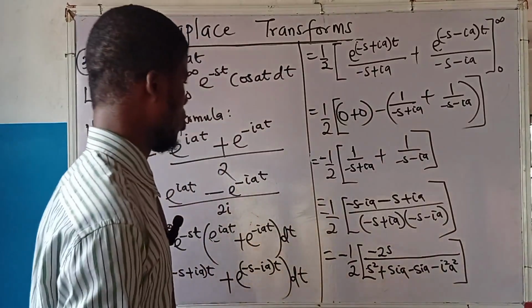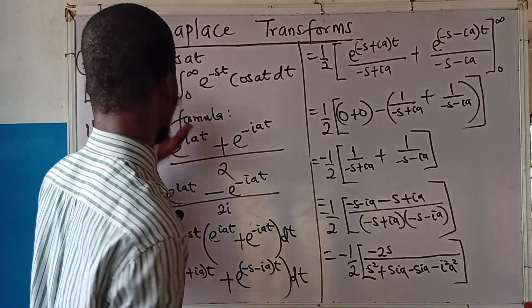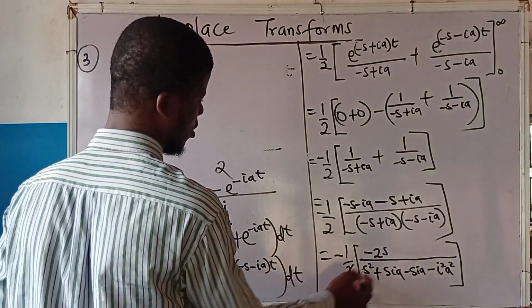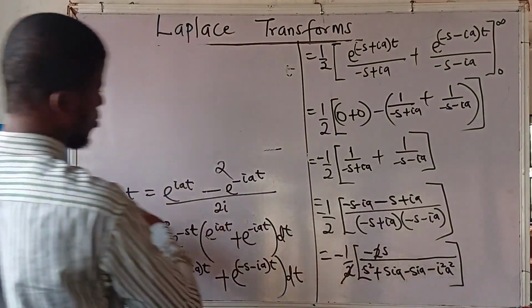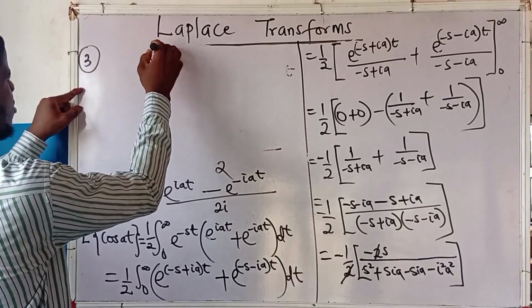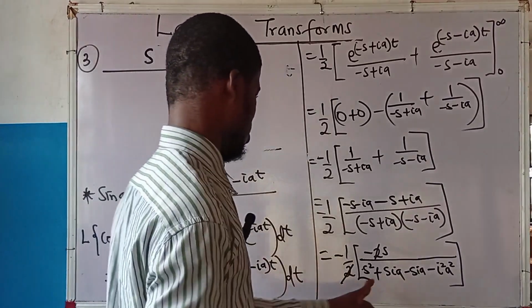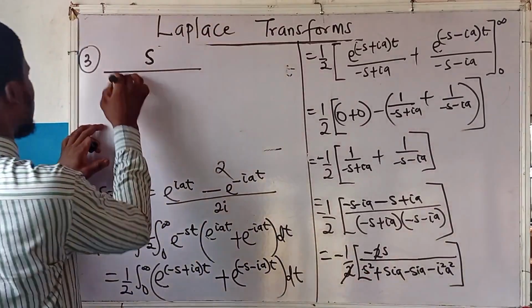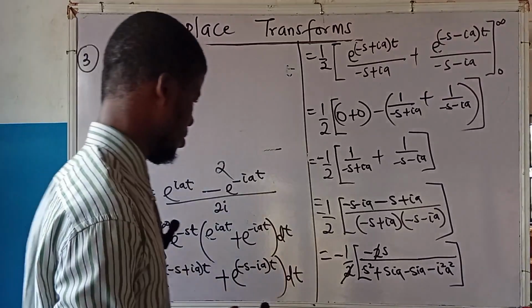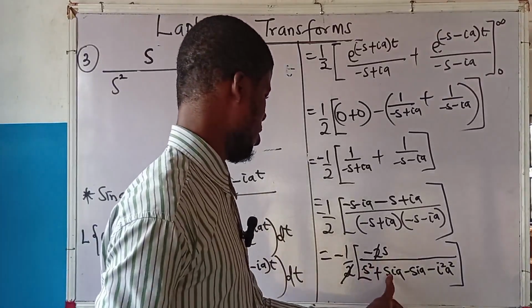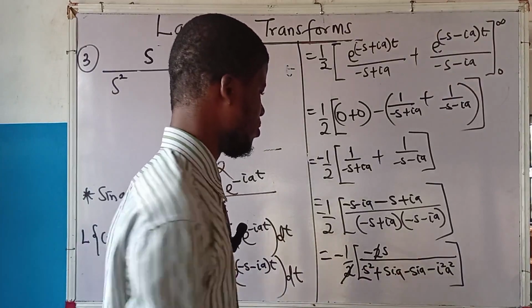You get it? So what would this give us? Let me erase this part of the board. 2 will cancel 2. Minus times minus will give me a plus. So I'll be having s all over s squared. Then sia minus sia is 0.